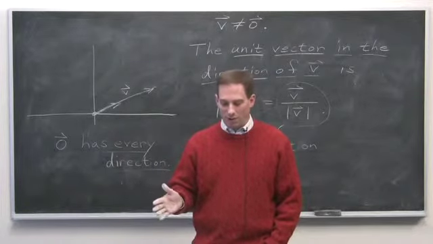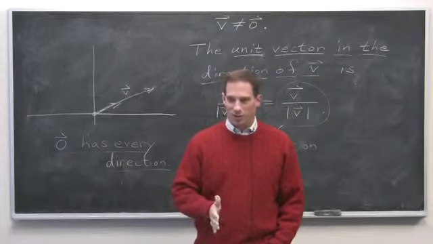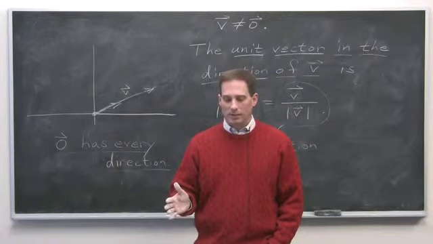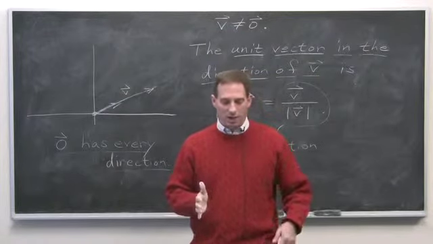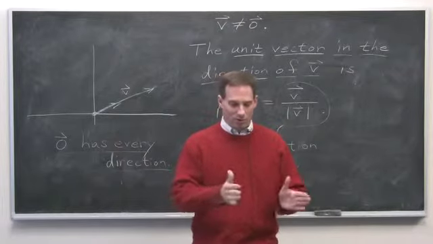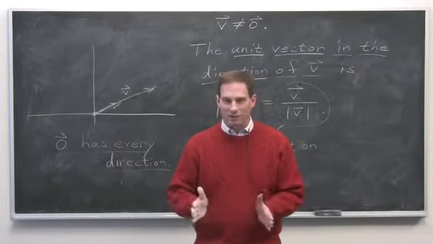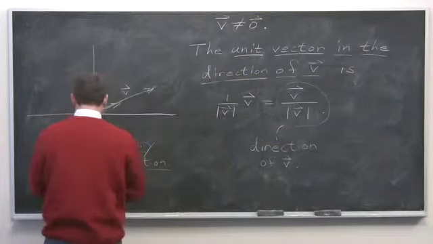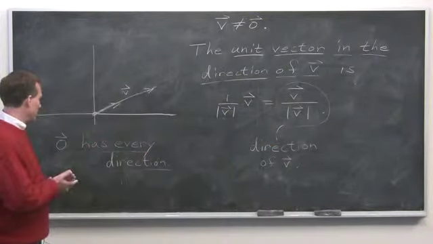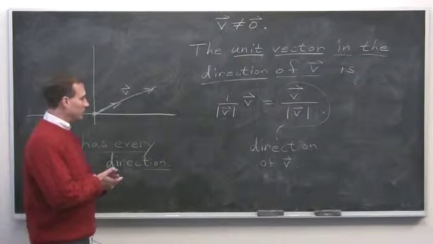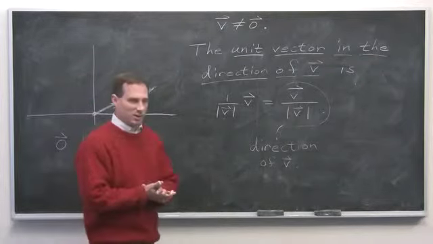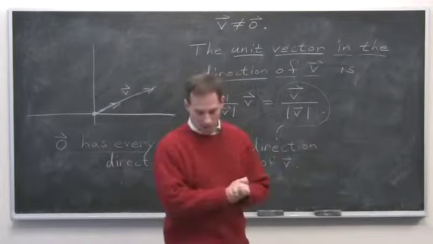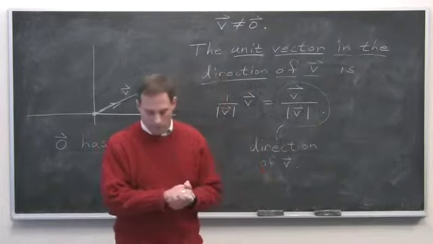So the 0 vector, its magnitude is 0, but thinking of it as having every direction is fine, because going 0 in every single direction gives you the same thing. So when we talk about the direction of vectors, we will assume the 0 vector has every direction, because that'll simplify some of our statements. Okay.